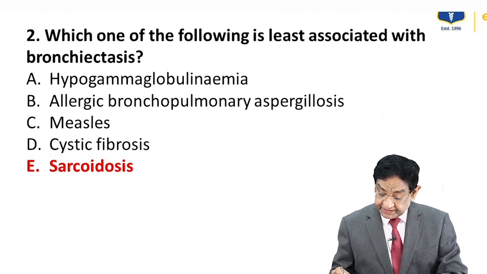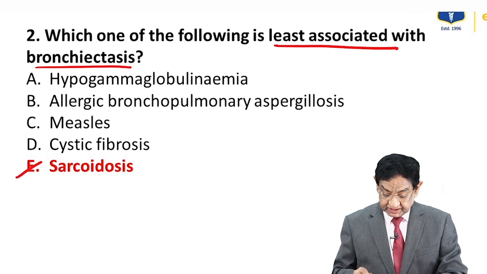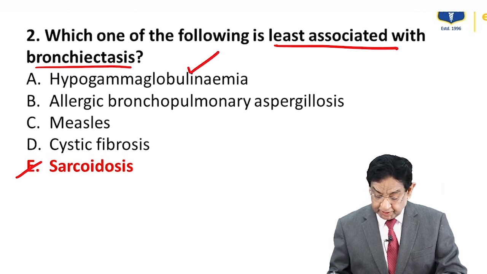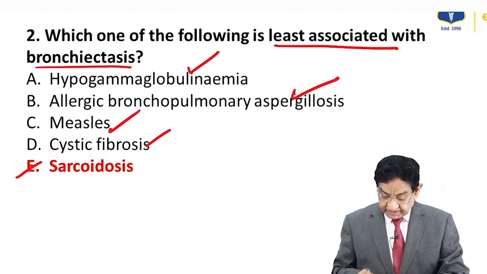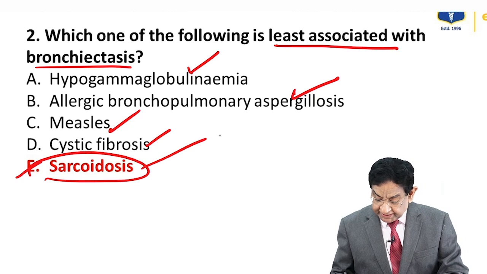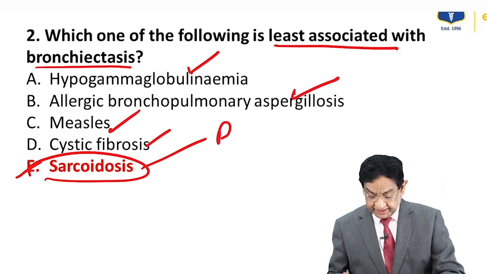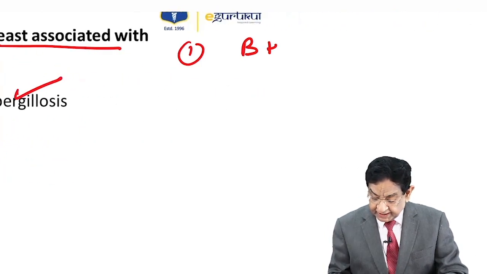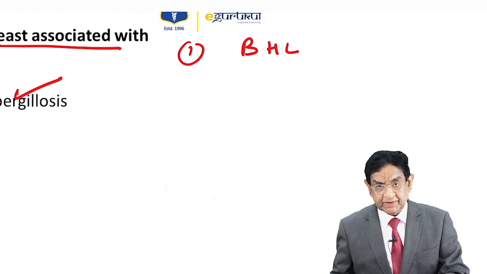Now, which of the following is least associated with bronchiectasis? Answer is sarcoidosis. If you remember the list previously, hypogammaglobulinemia, yes, ABPA, yes, measles and cystic fibrosis, they all lead to bronchiectasis. Sarcoidosis primarily leads to parenchymal disease. In fact, the most important finding in sarcoidosis is bilateral hilar lymphadenopathy, which is the first to begin with.